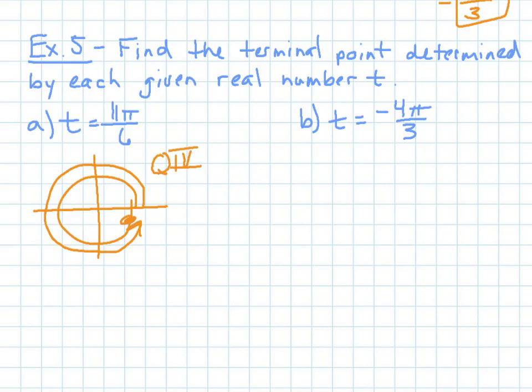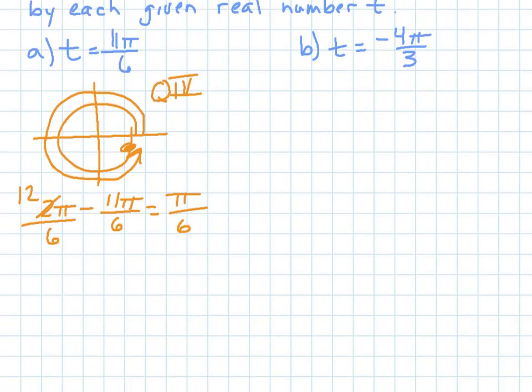So let's take 2 pi minus 11 pi over 6. I'm going to make 2 pi into 12 pi over 6. So it gives me pi over 6, but because you are in the fourth quadrant, remember that your y values are negative. So the pi over 6 point for the first quadrant is going to be square root of 3 over 2, comma 1/2.